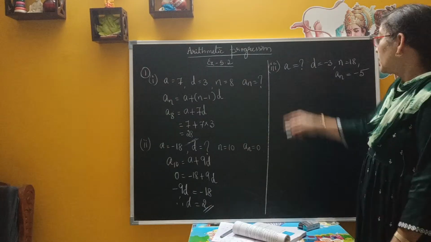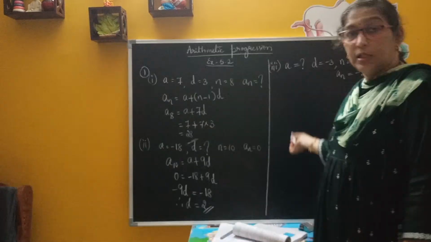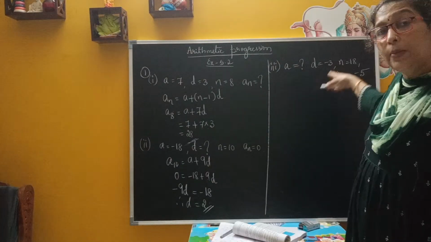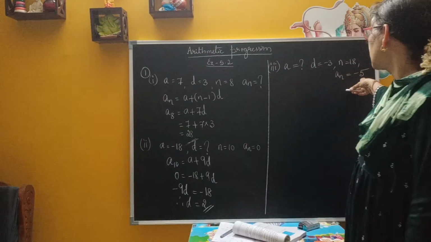So let us substitute in this formula. The formula is A plus N minus 1 into D. Since it is the 18th term, we can write A plus 17D is equal to how much? Minus 5.